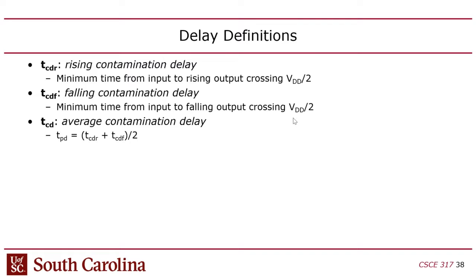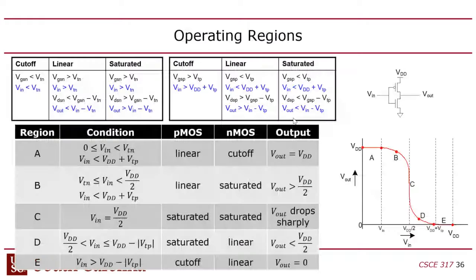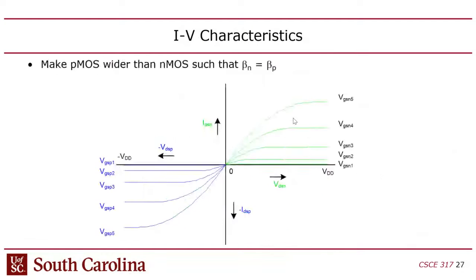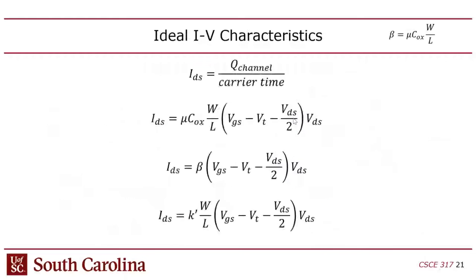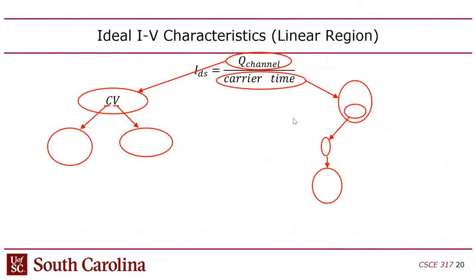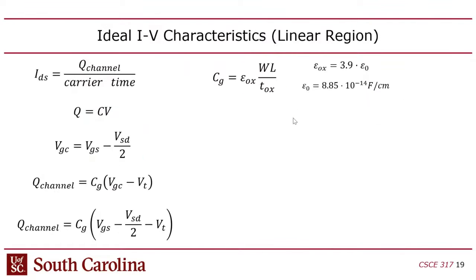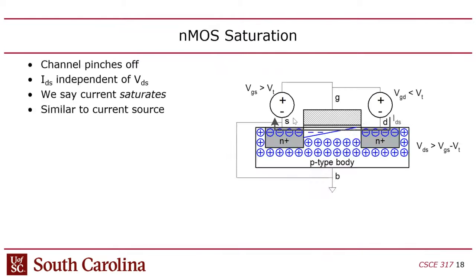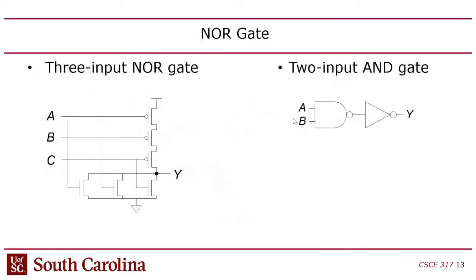Now you might say, why in the world would there be a difference? Well, there's actually a very simple explanation. If you look back at this NOR gate, notice that there are 3 PMOSs in parallel here, right?